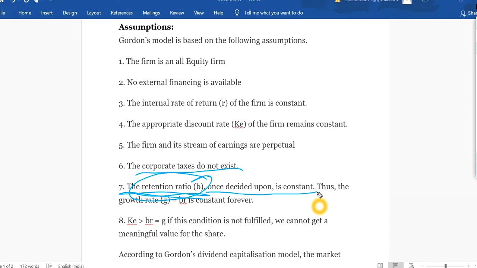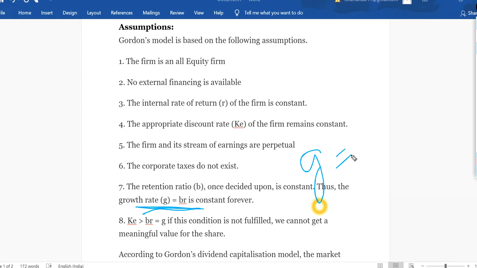Through this retention ratio we calculate the growth rate. The formula to calculate growth rate is G equals B into R. So G is the growth, and we calculate growth of the firm as retention ratio B into internal rate of return R of the firm. This growth rate is also given to us, or we can calculate it with the help of this formula.